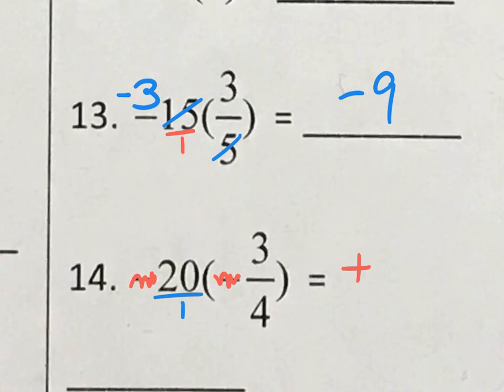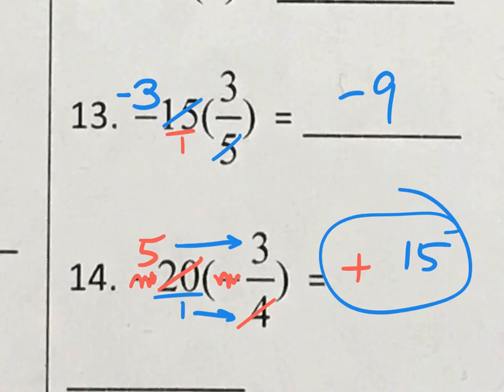And now you could focus in on the 20 that's up on top and the 4 that's on the bottom. 20 over 4 is what? 5. So the 20 and the 4 become 5, and the 5 is clearly up on top because the bigger number 20 was up on top. And now we simply multiply 5 times 3 and get what? 15. And on the bottom there was nothing left. I mean, you could say 1 times 1 if you wanted to, but 15 over 1 is still 15, so the answer is positive 15 for that one.